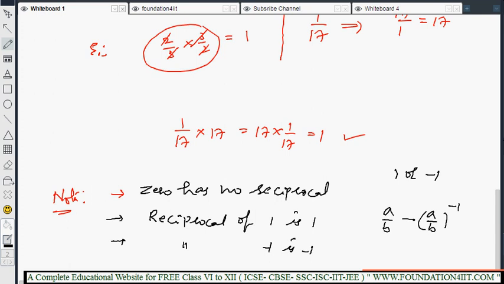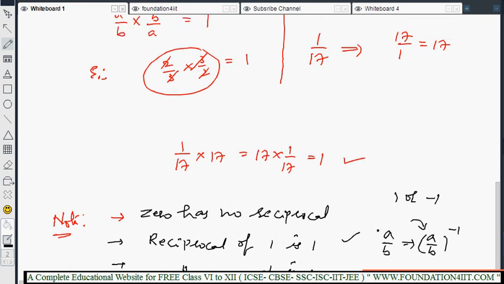That is also the reciprocal, because b by a we can write as a by b whole to the power of minus 1. So we can make it in this way also. And the reciprocal of any integer a is nothing but 1 by a. So the reciprocal of b is 1 by b. This is the way we can write it.